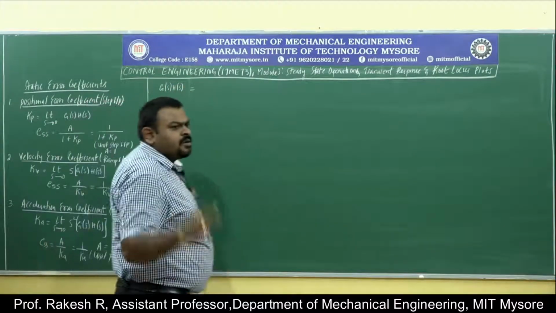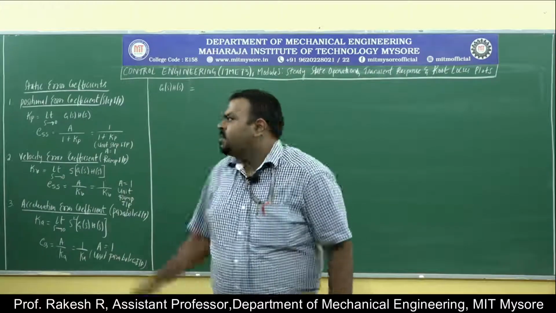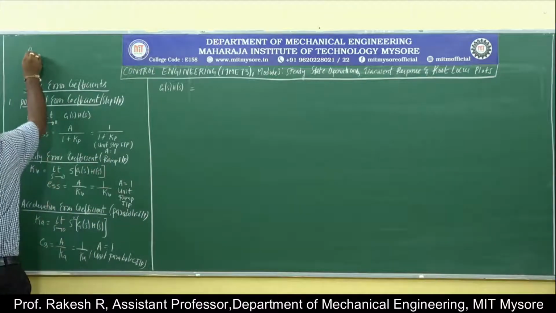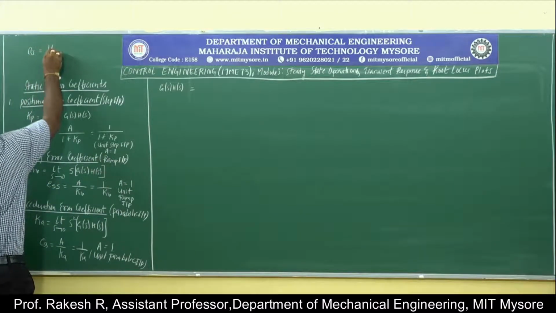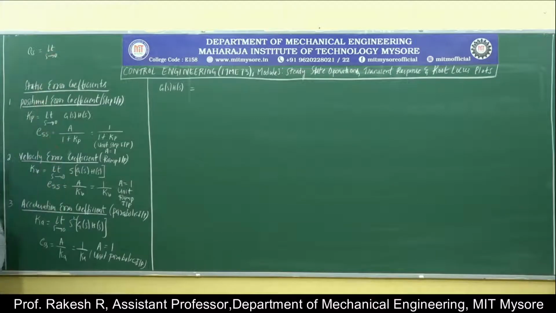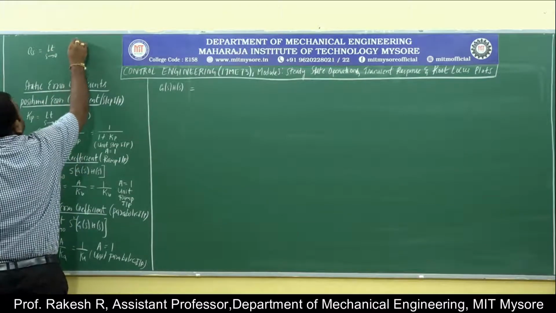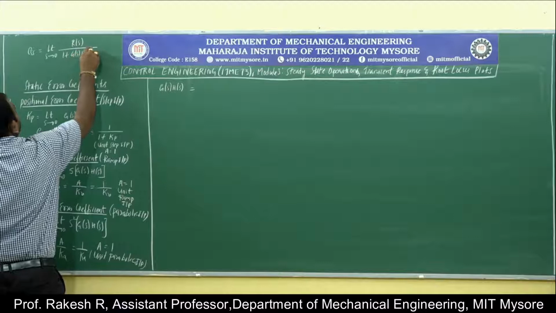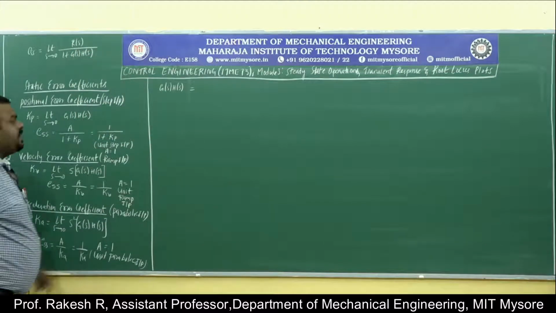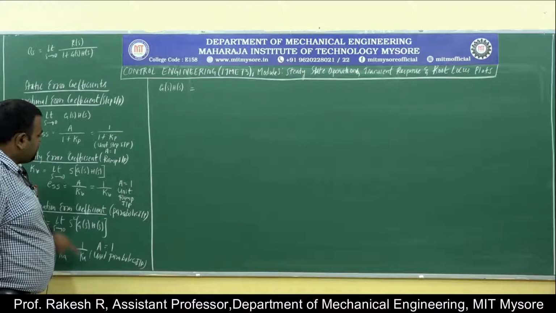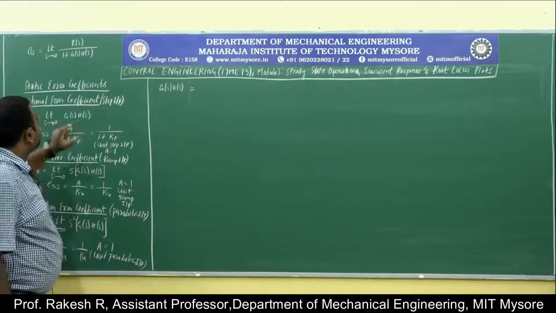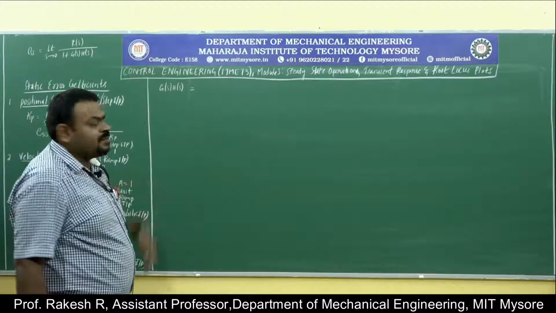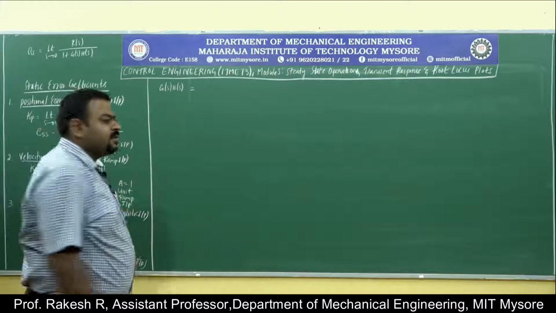Recall the basic expression of steady state error: limit of s tends to 0 of s R of s divided by 1 plus g of s into h of s. Here R of s is obtained from these equations. We need to take care of what 1 plus g of s h of s is, which depends upon the system.